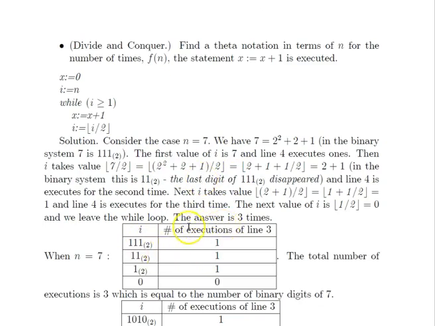We can write these computations in this table. The first value of i is 7 in binary, and in the first round i takes value 1 1 in binary, and then 1 in binary, and then 0, and the loop terminates.